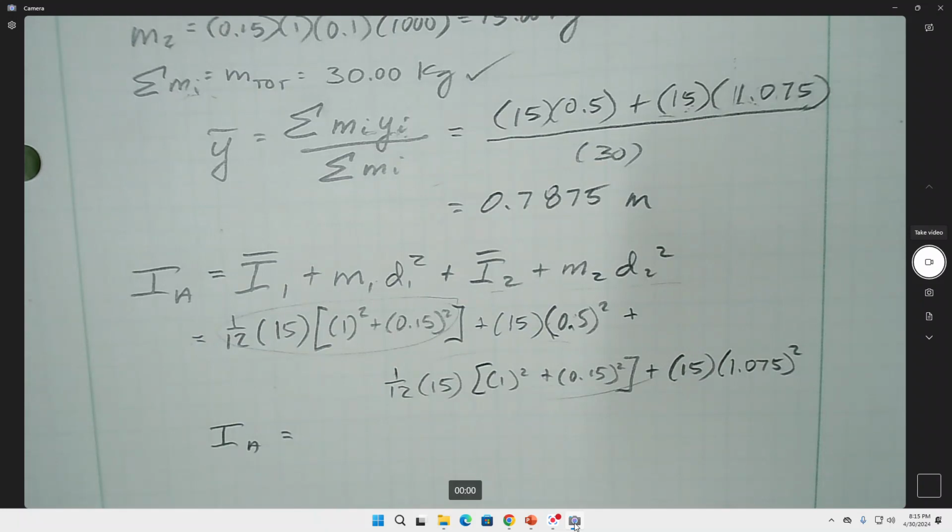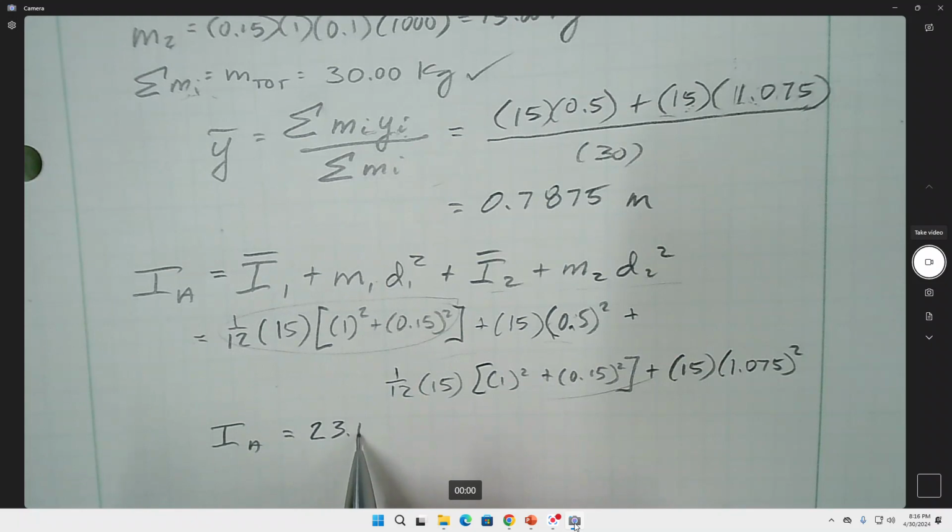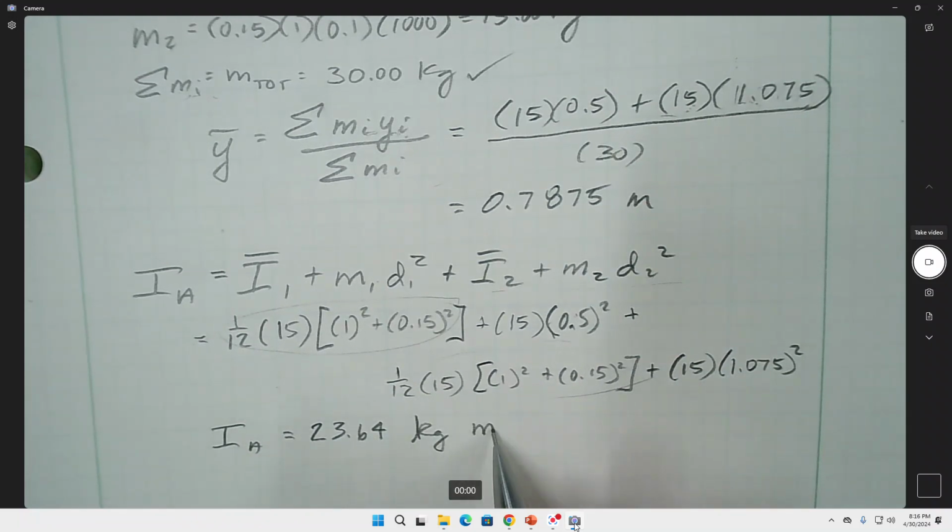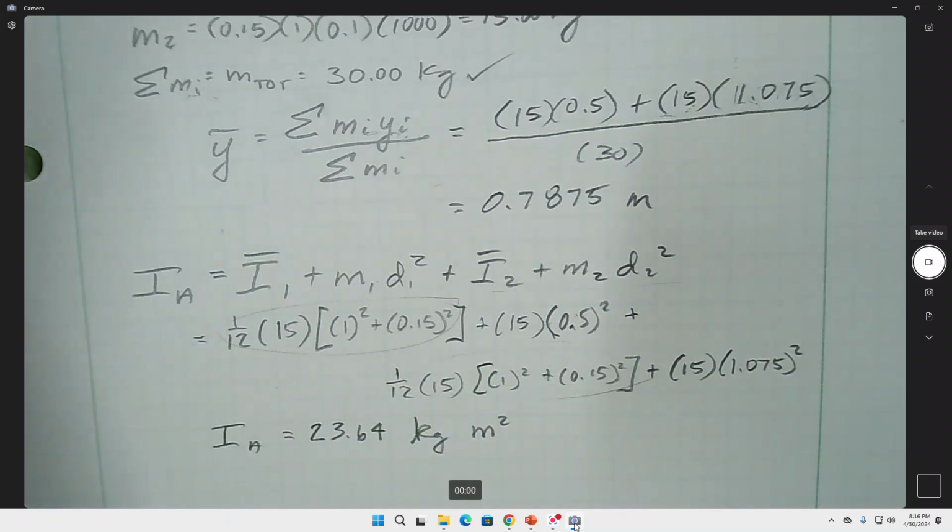And then 0.1075 squared, 15 times, boom, and that's like the majority of this thing, and I got 23.64 kilogram meters squared. How do we do compared to SolidWorks?